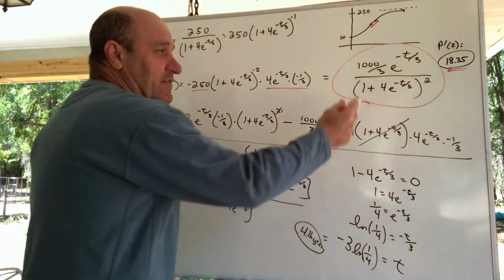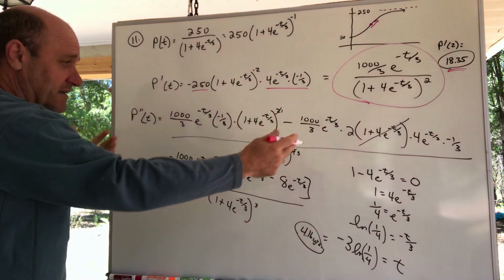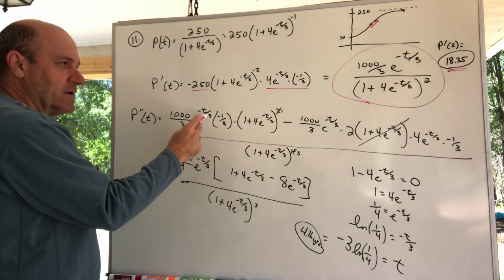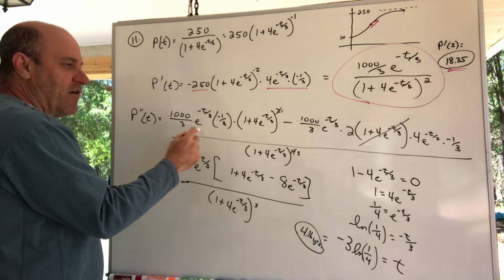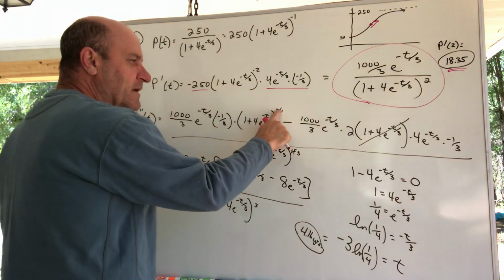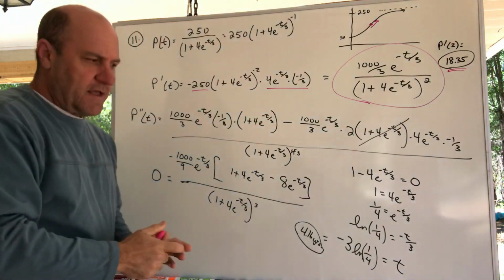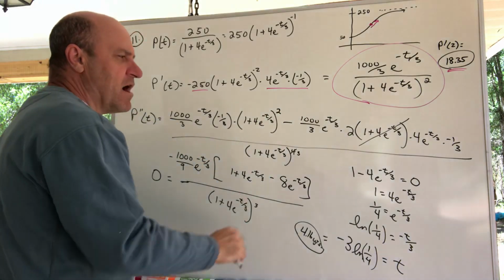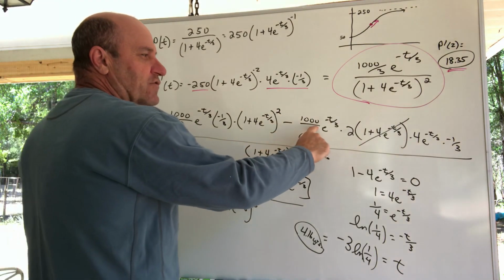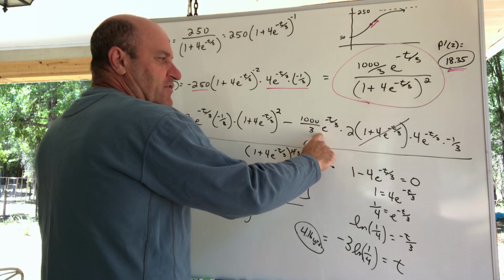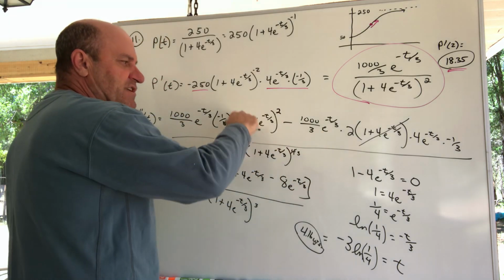To do a second derivative, I did do a quotient rule. Here it is. I did the derivative of the top, which is kind of easy. It's itself, but it spits out this negative 1/3. I wrote down the bottom, this was squared, minus the top, and I took the derivative of the bottom, which brings the 2 down.